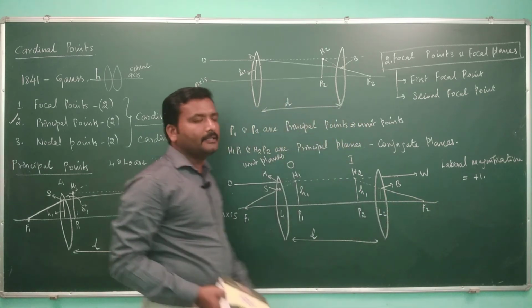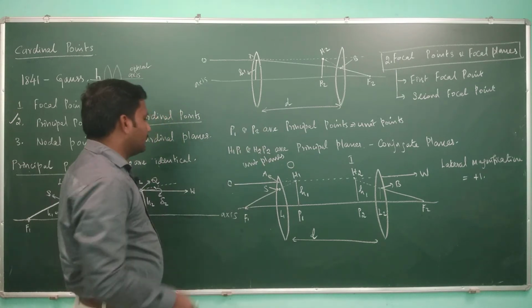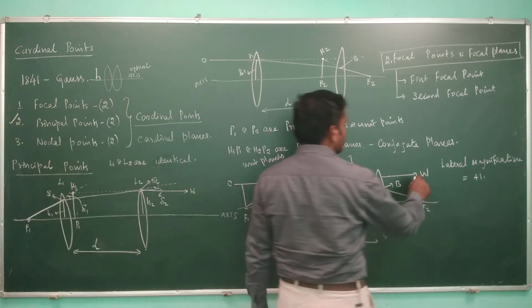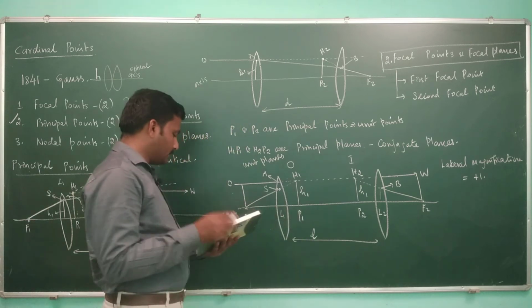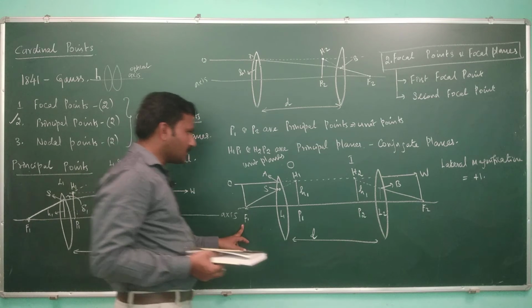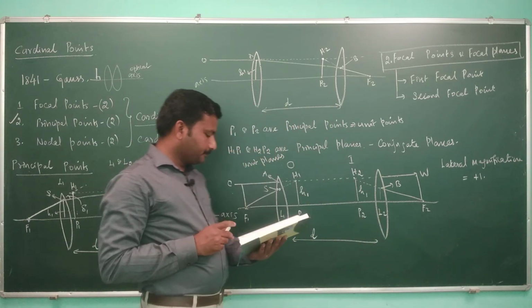That point is called the second focal point. Now, if you draw a perpendicular plane at these two points, then those planes are said to be focal planes. This one is the first focal plane and this one is the second focal plane.